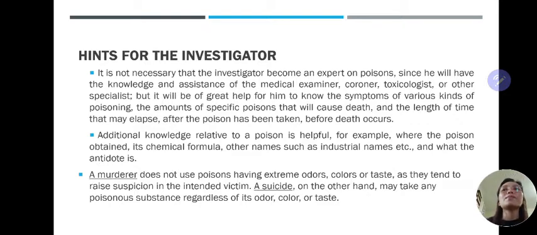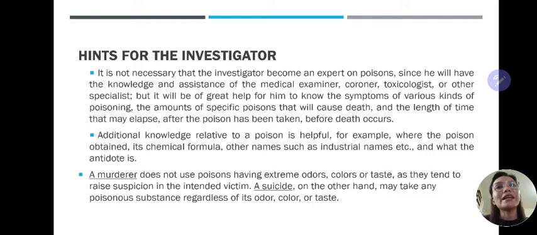So, since hindi naman kailangan, pero syempre, edge yun ng investigator kung meron siya at least knowledge doon sa mga symptoms ng certain types of poisons. This additional knowledge relative to a poison is helpful. For example, where the poison obtained, its chemical formula, other names such as industrial names, and what the antidote is.